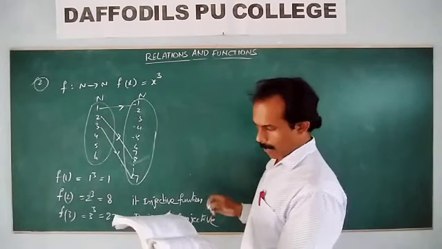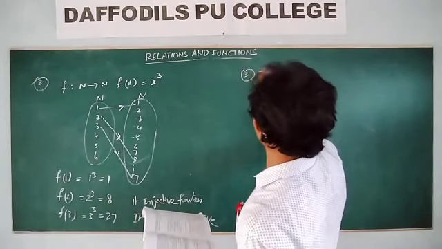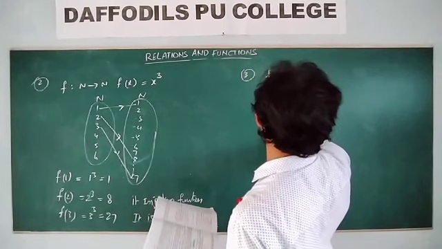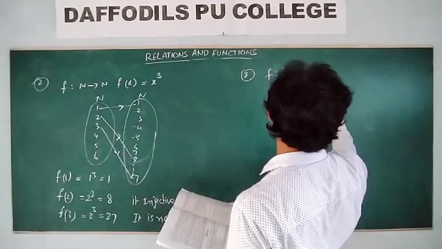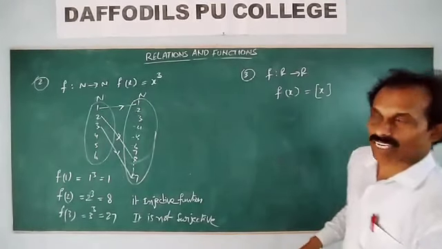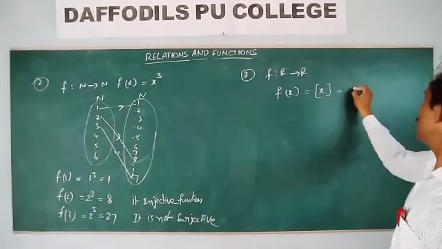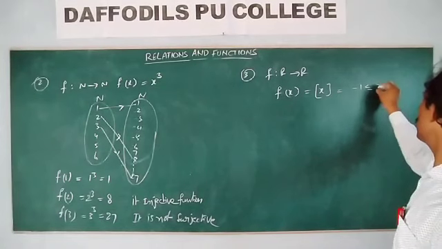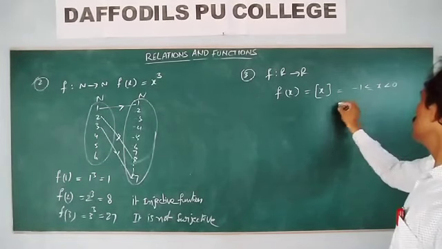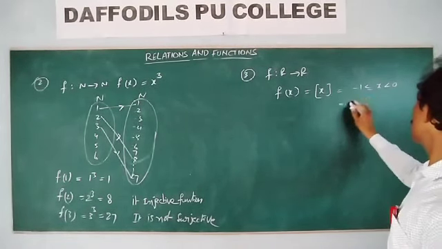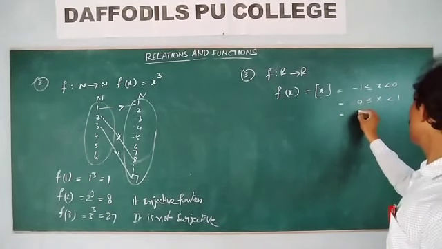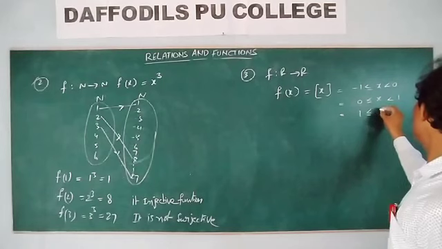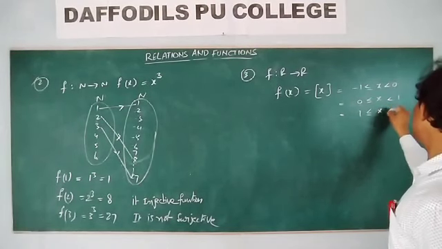R to R. Third problem, f maps R to R, f of x is equal to step x, the greatest integer function. What is the greatest integer function definition? Minus 1 less than or equal to x less than 0, 0 less than or equal to x less than 1, 1 less than or equal to x less than 2.